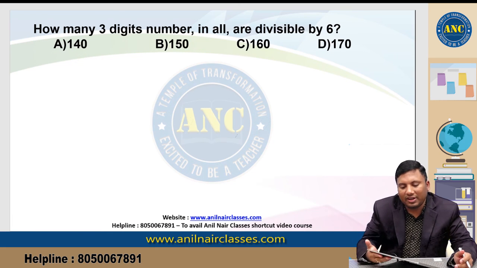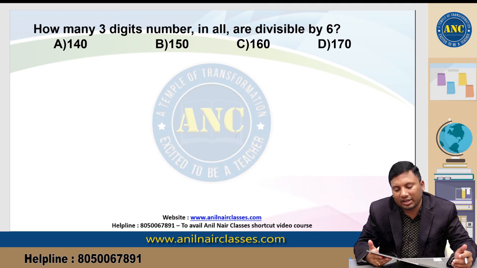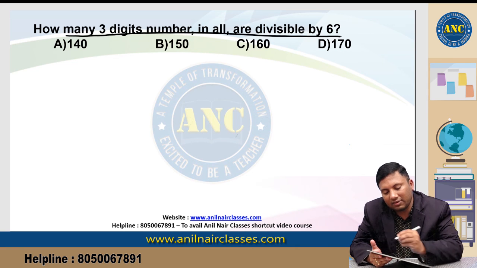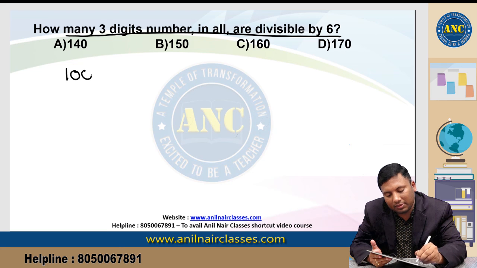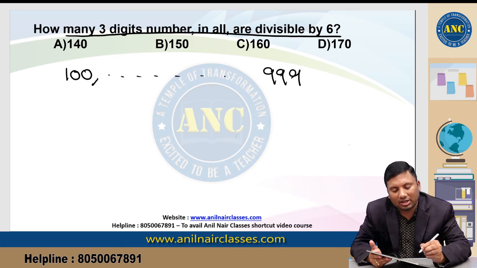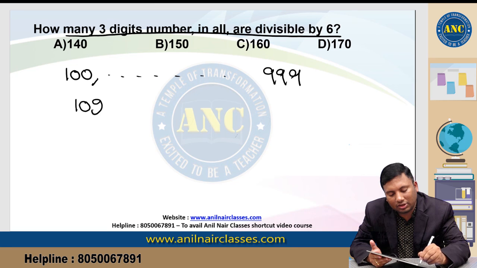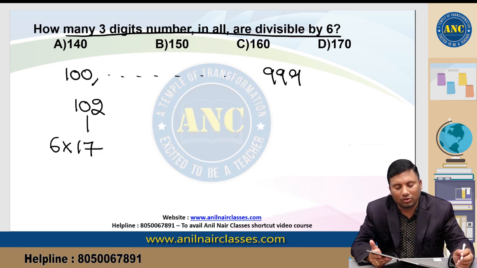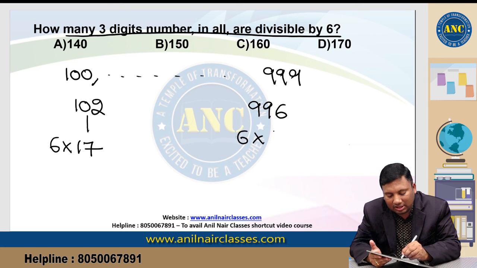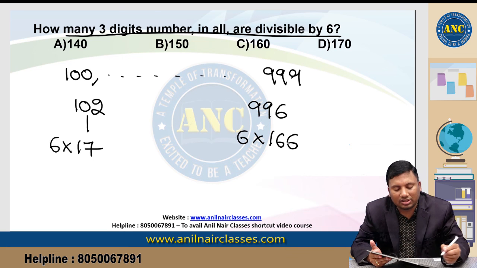Next question. These are all very easy questions, that is why I am going a little fast. How many 3-digit numbers are divisible by 6? 3-digit numbers start from 100 and end at 999. The lowest is 102, which is 6 17s are 102. The highest is 996, 6 into 166.